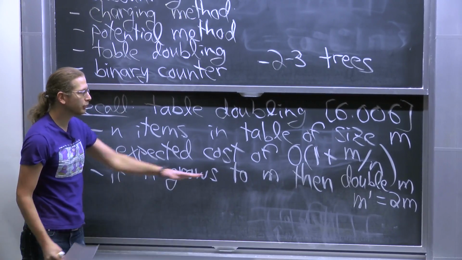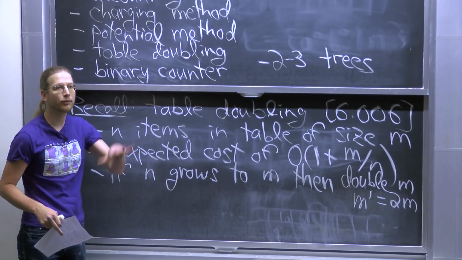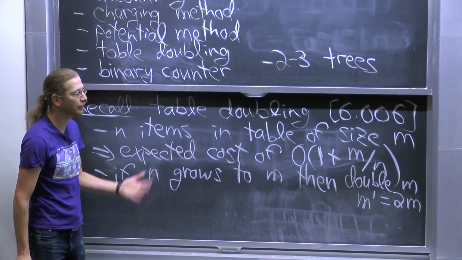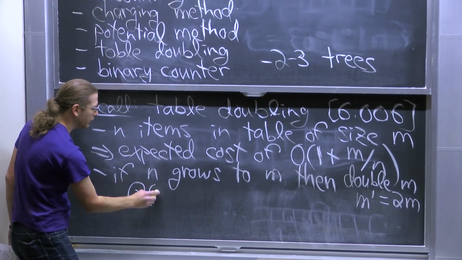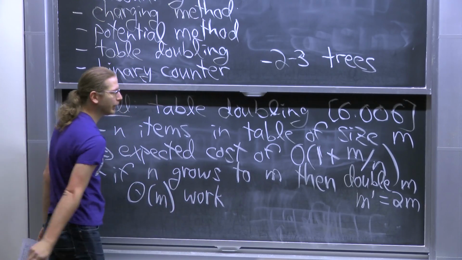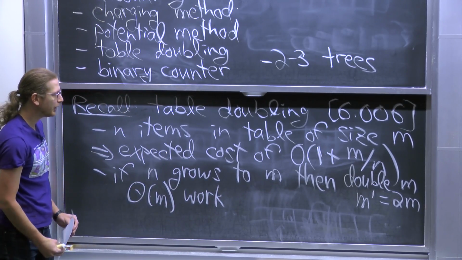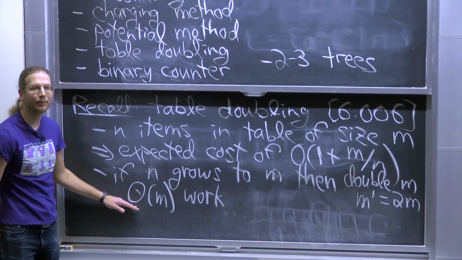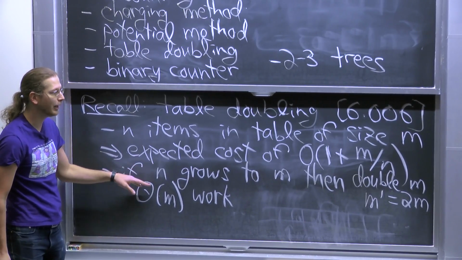And to double the table size, you have to allocate a new array of double the size and copy over all the items. And that involves hashing. But overall, this will take order size of the table work. Doesn't matter whether I'm using m or m' here, because they're within a constant factor of each other. And that's bad. Linear time to do an insertion is clearly bad. This is all during one insertion operation that this would happen.